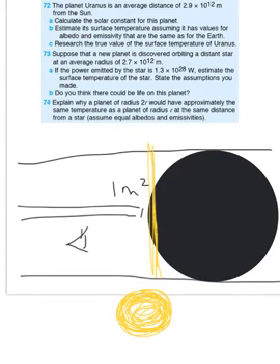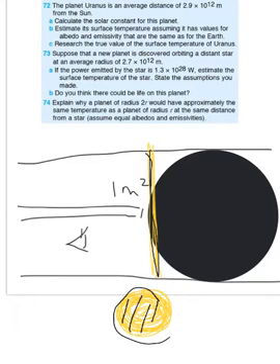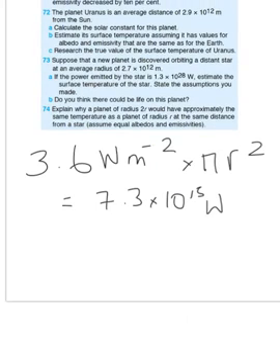So in order to work out the total energy hitting the planet, you would just use the area of a circle. So you have your solar constant, which is the amount of energy per square meter, times the area here, which is a circle. So let's just work out that calculation.